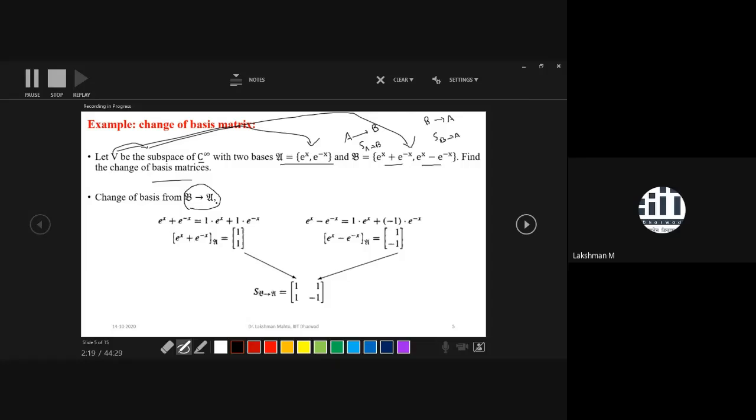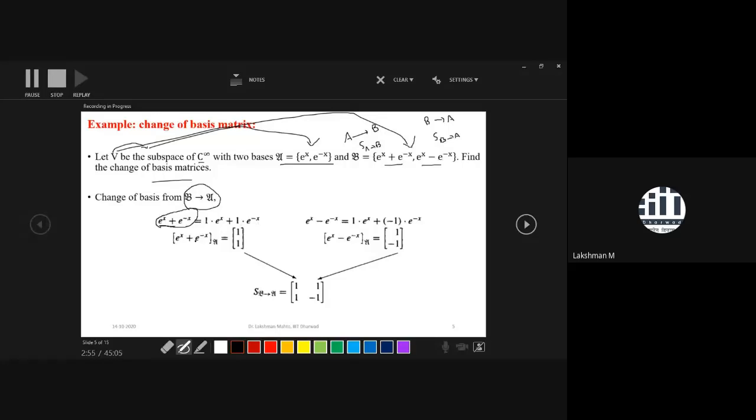Take e to the power x plus e to the power minus x. This one is your new basis element, and you would like to represent this one with respect to the old basis. So it would take this form: one time e to the power x plus one time e to the power minus x.